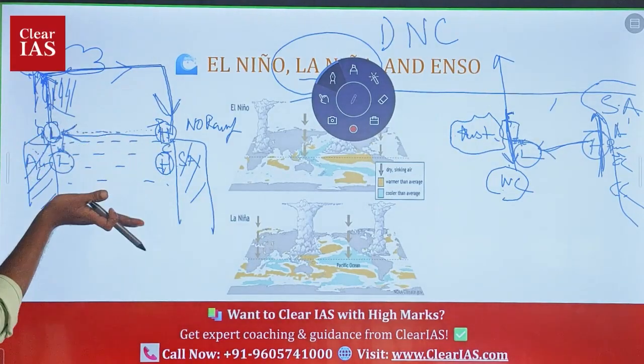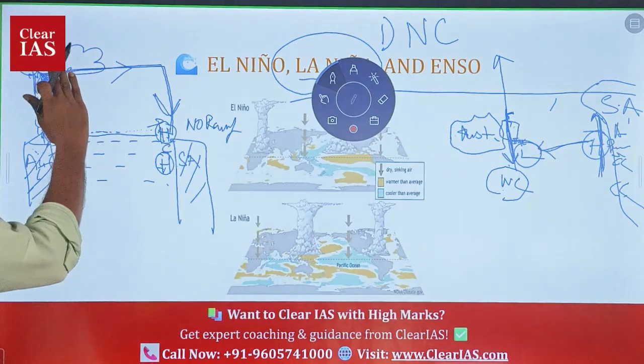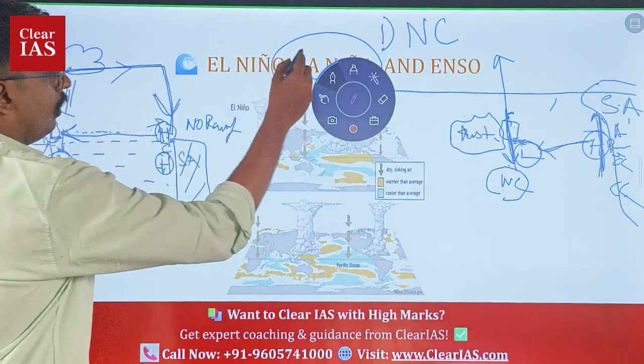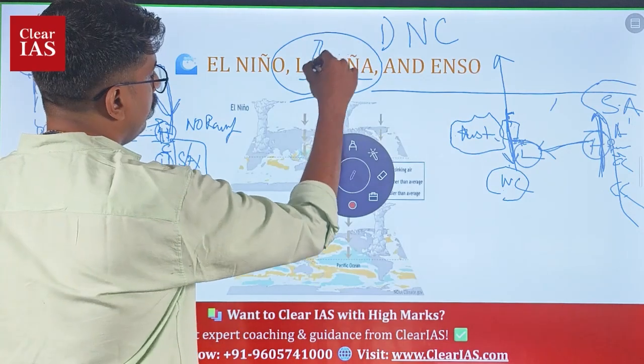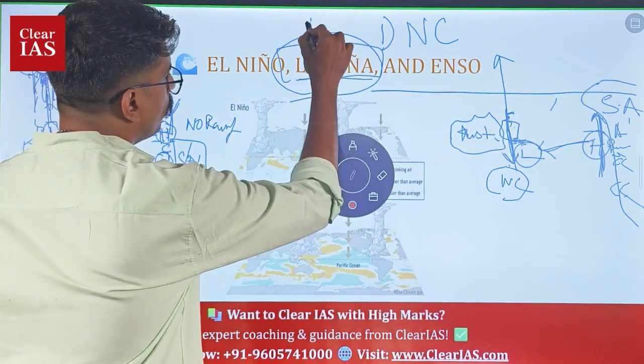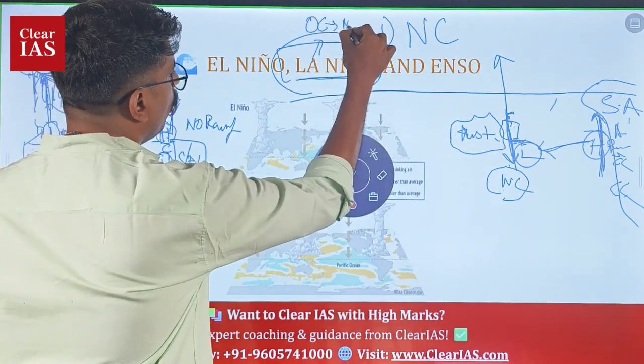So if this condition is made more powerful, that is called as La Nina. So La Nina is original condition more powerful.